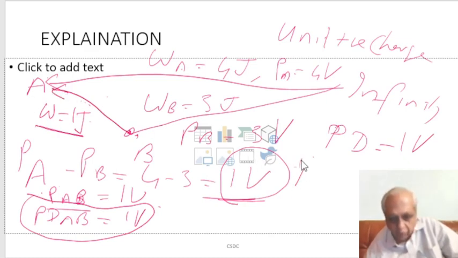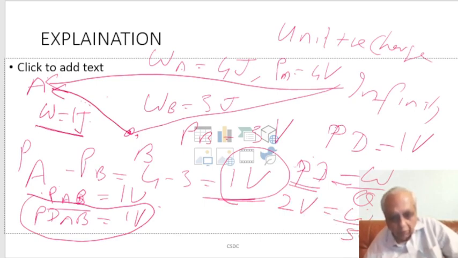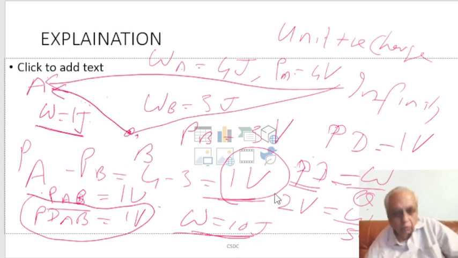So we can say potential difference is equal to W upon Q. If I am bringing double the quantity of charge, I will have to do double the amount of work. So if the PD between A and B is, suppose, 2 volt, and I am bringing a charge of 5 coulomb, the work done would be 2 into 5, 10 joule. So this is the formula: potential difference is W upon Q.